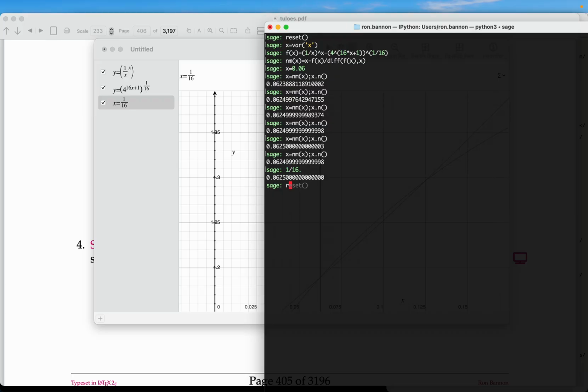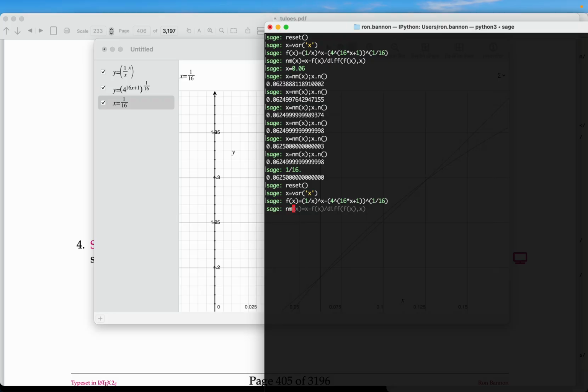I'm going to reset again. I'm going to do another guess this time, but basically do the same thing. x equals a variable. I'm just starting again with f of x. It's already typed in, so let's accept it.